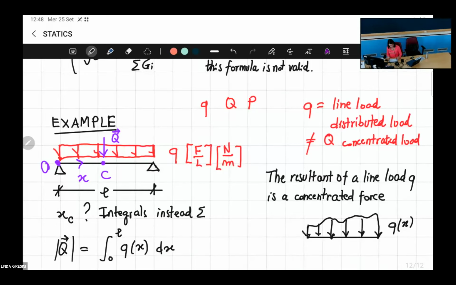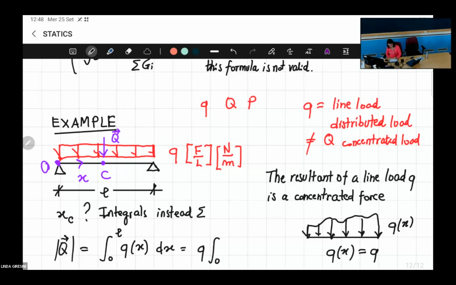It's the integral. But now we know that our Q is constant. So we can write Q, because it's the same for all the points, right? So we can put Q out of the integral.